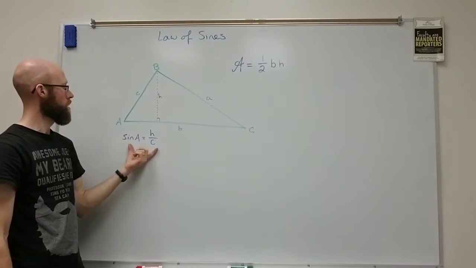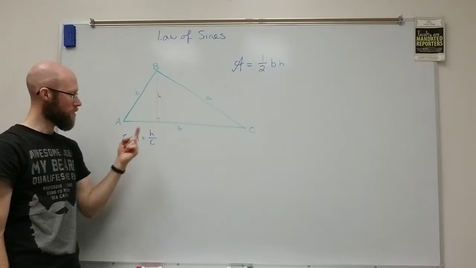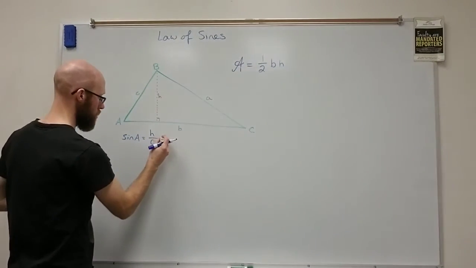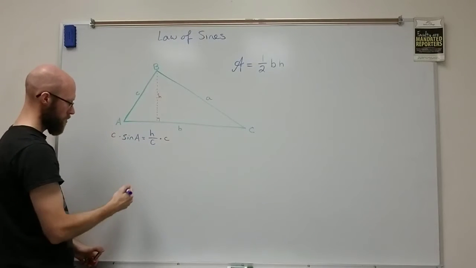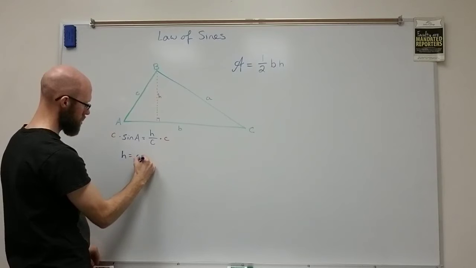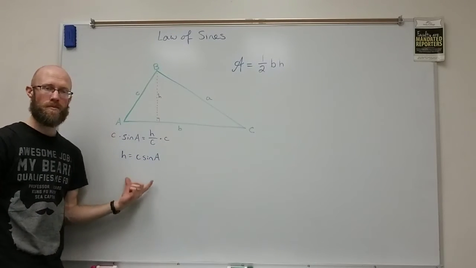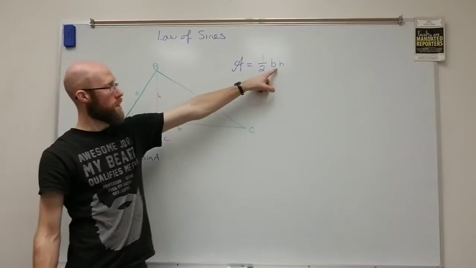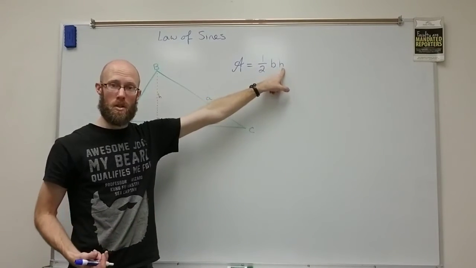Now, if I take this expression and solve for h, we would multiply both sides by c, and we'd have h equals c times the sine of big A. Since that's equal to h, and h is in my area formula, I could make a substitution.